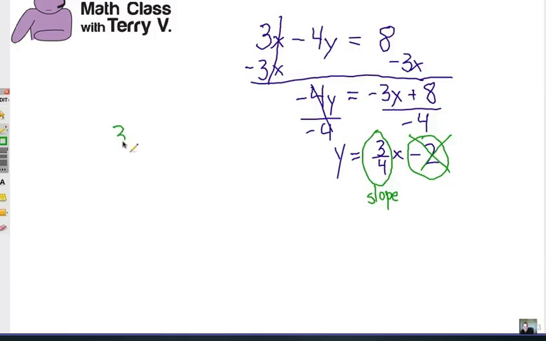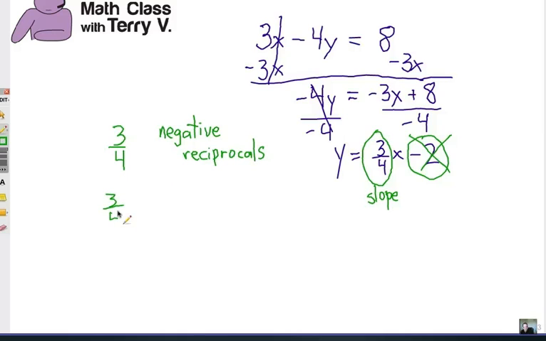Now we're going to take this slope, 3/4, and we have to figure out what the negative reciprocal of it is, because remember that perpendicular lines have slopes that are negative reciprocals of each other. The shortcut is just to flip it and change the sign. But the definition is two slopes that multiply to give you -1.